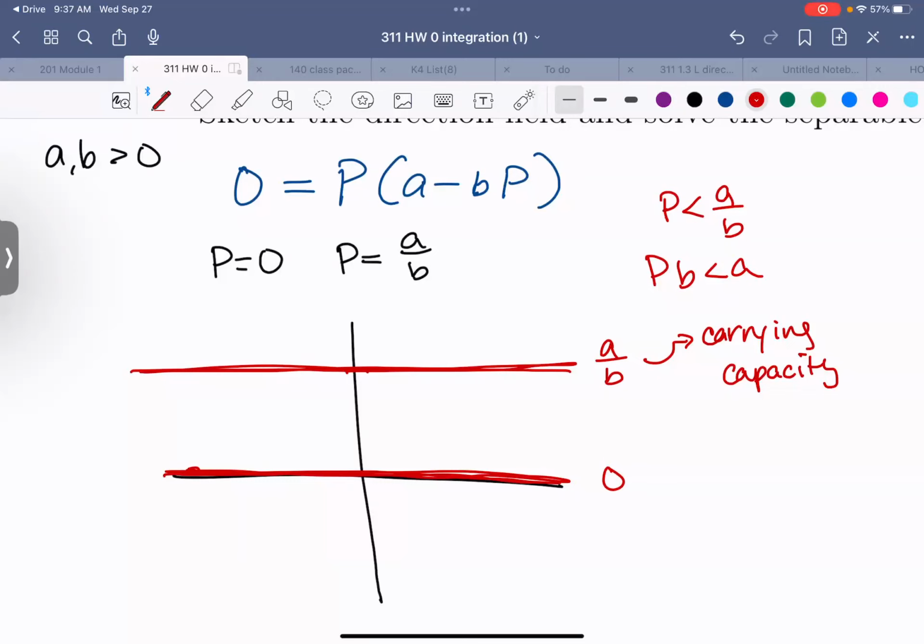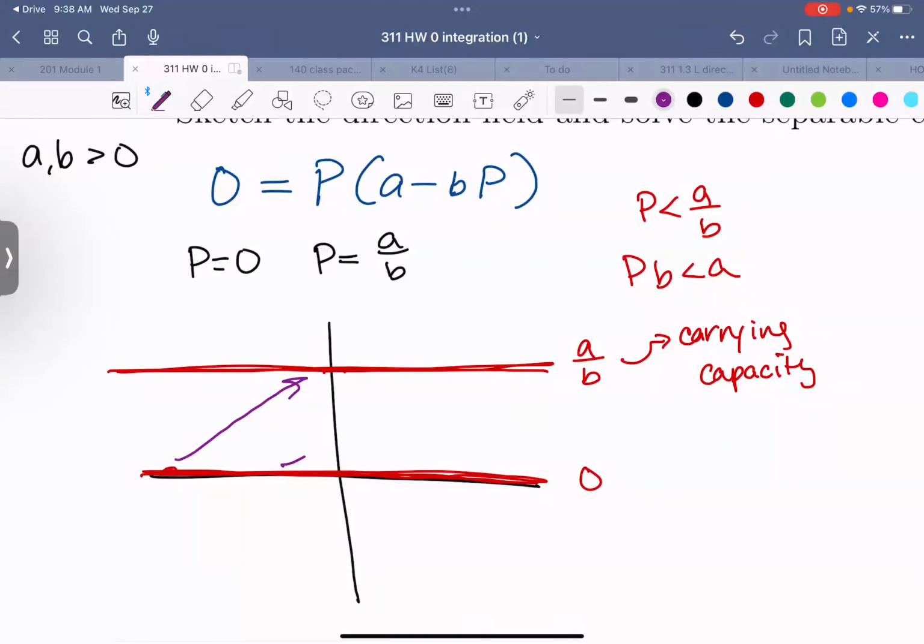If PB is less than A, what happens to what's in parentheses? It's positive, right? A is bigger, so you get a positive. We're assuming that the population is positive, so your derivative is going to be positive.